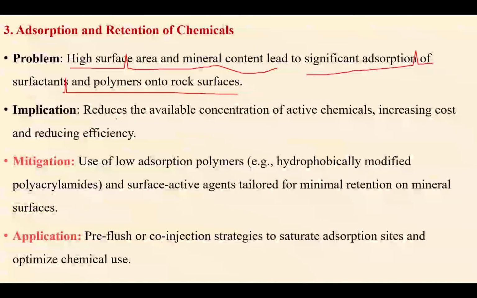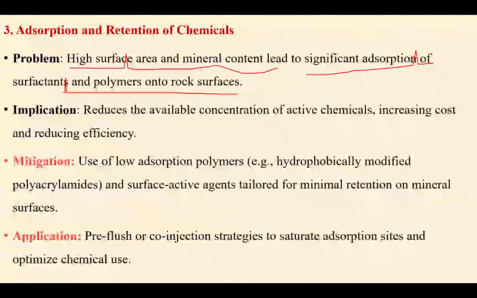If it is lost by adsorption, this mechanism would not play significantly, and then you have to inject additional surfactants or polymers, and that leads to increasing cost and reducing efficiency.